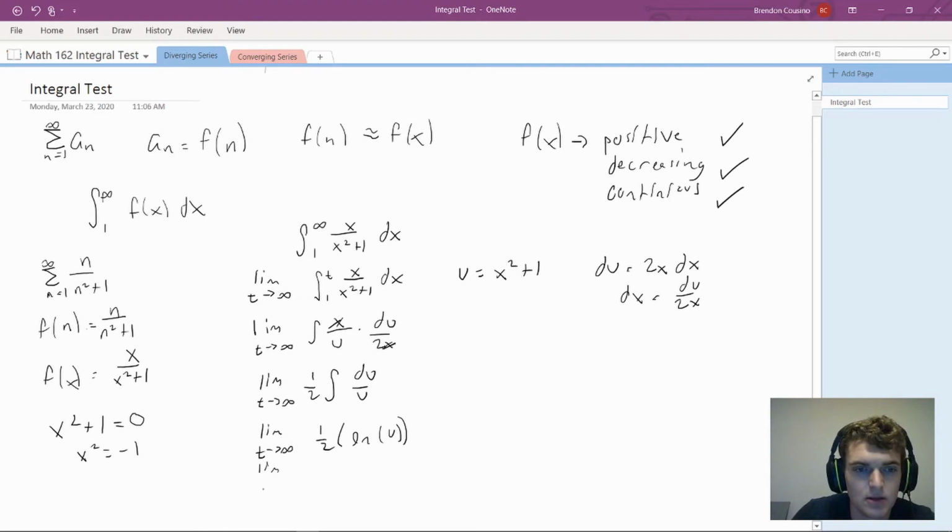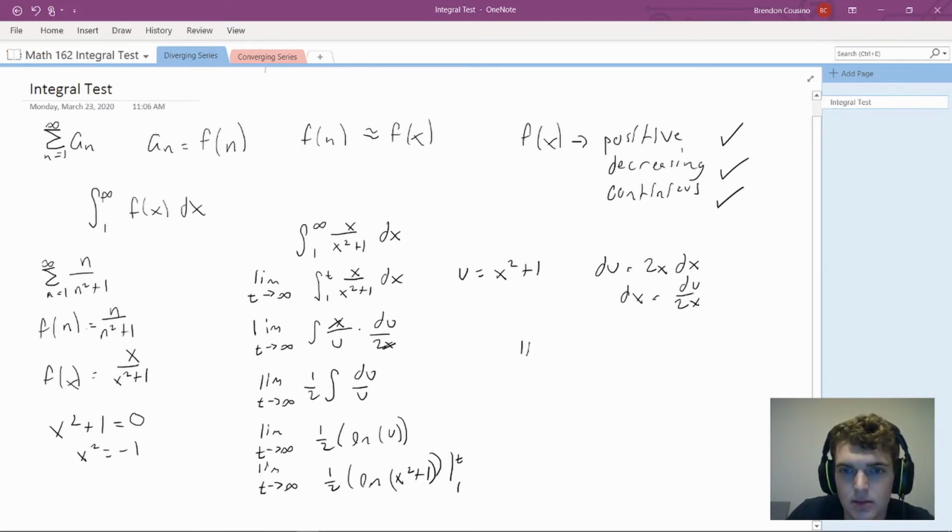So this can be the limit as t approaches infinity of 1/2 times the natural log of x squared plus 1. Okay, and so now we can evaluate it at our bounds, which were 1 to t.